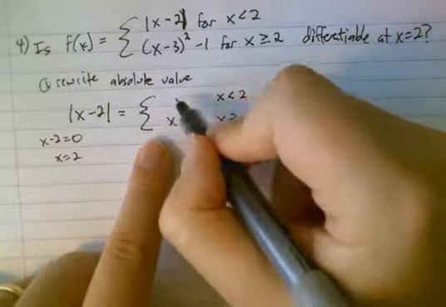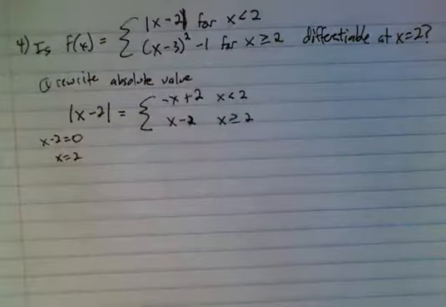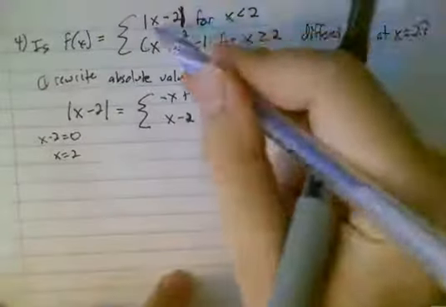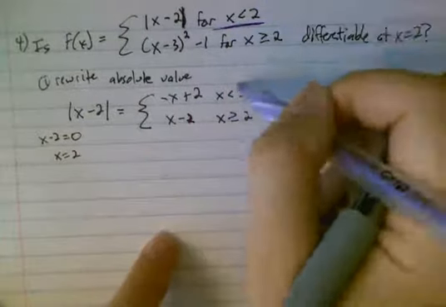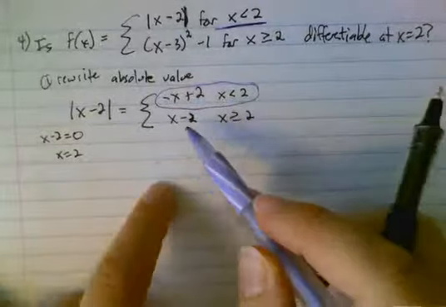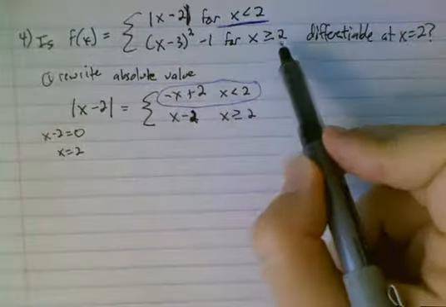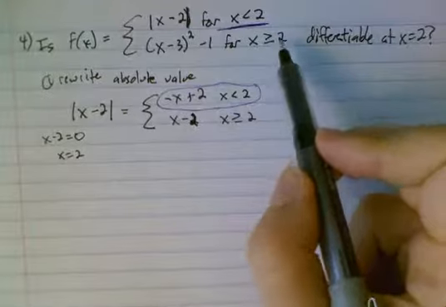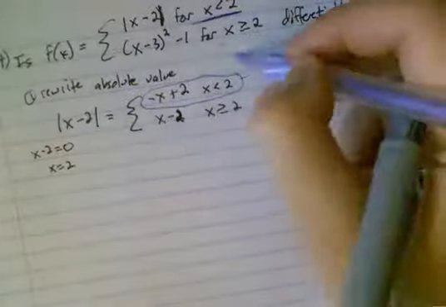So this is x minus 2, this is negative x plus 2 right there. Now notice that we're only interested in this for x is less than 2. So that means we're only going to use this piece. When x is greater than or equal to 2, f of x is defined differently. So we don't need to use this part at all. We just need to replace this part up here with that.